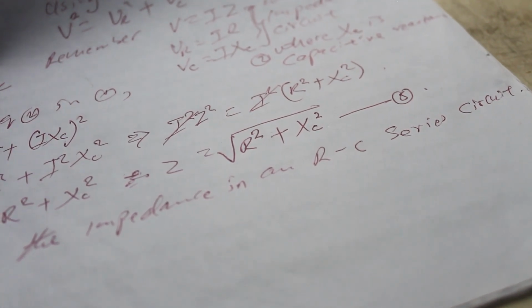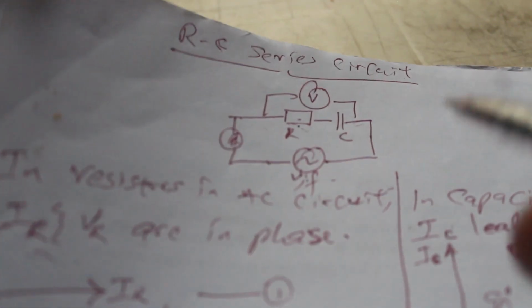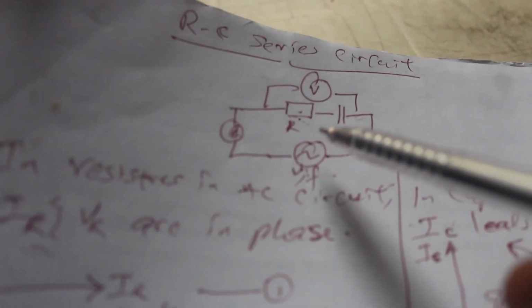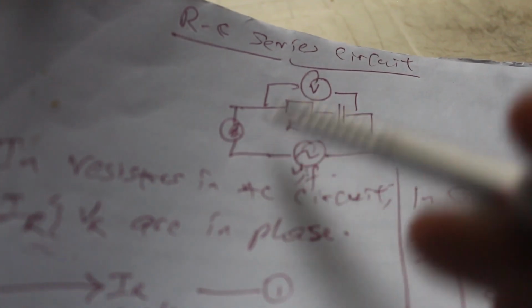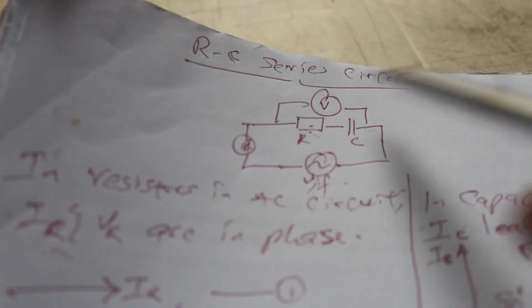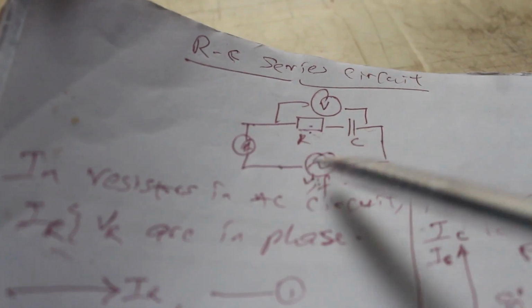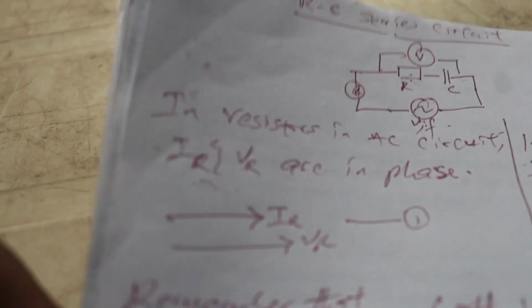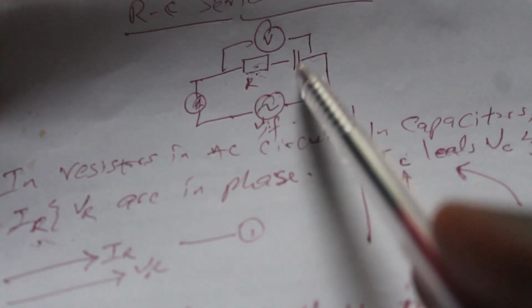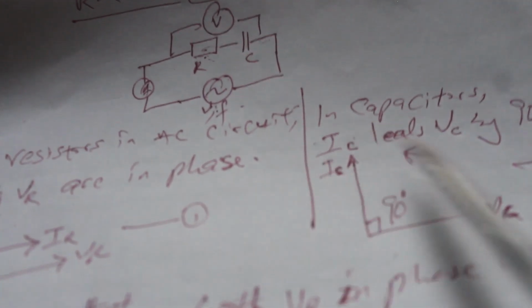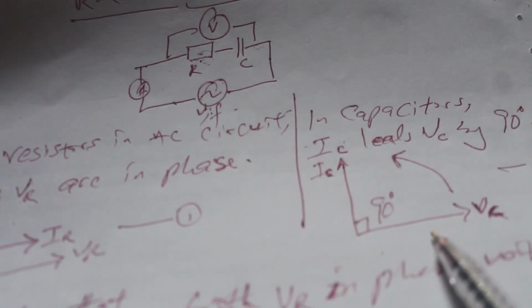So let me explain from the very start. An RC series circuit is that circuit in which you have only a resistor or resistors and capacitors connected in series. When you consider this kind of circuit, you know that in R, both the current and the voltage are in phase, while in the capacitor, the current leads the voltage by 90 degrees.